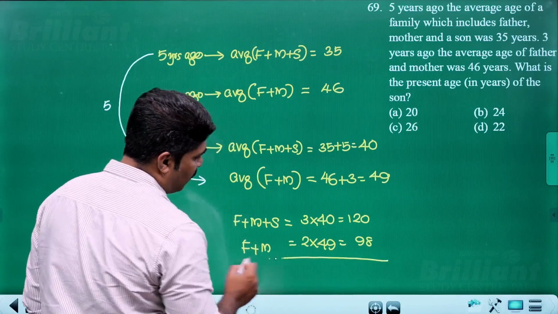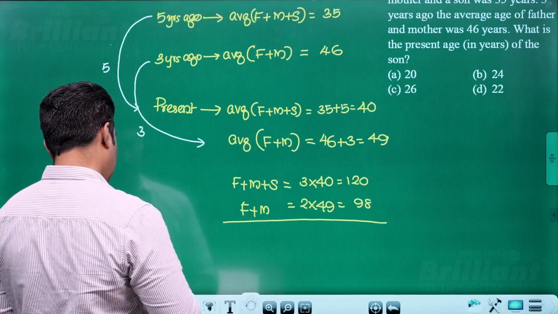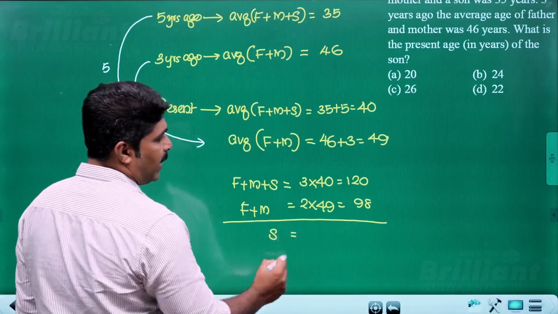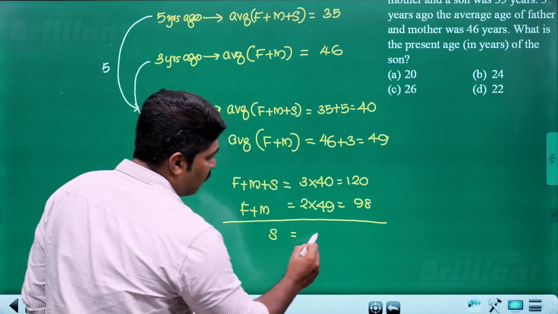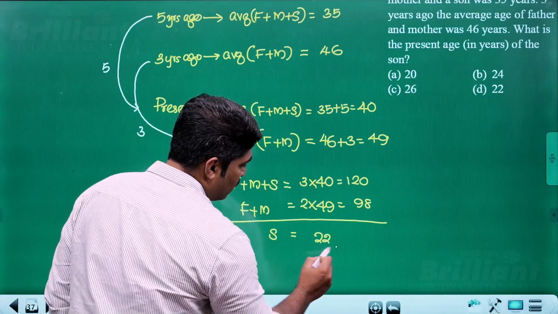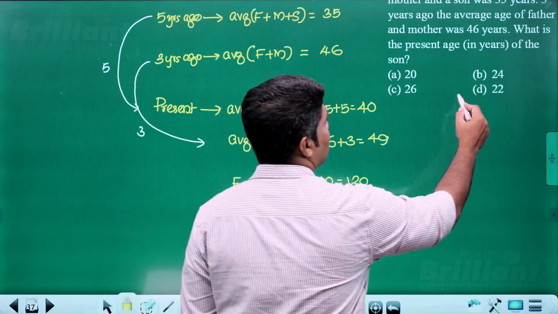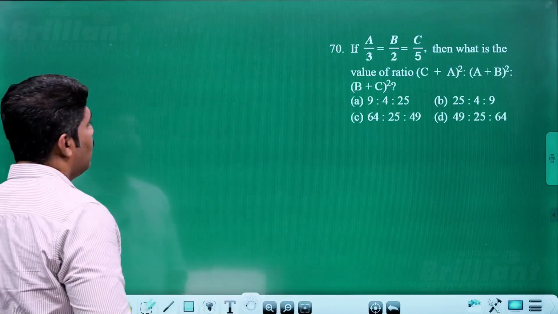Just subtract it to find the son's age. The son's present age is 120 minus 98, which is 22 years. So the answer is 22. Okay, then we can consider the next question.